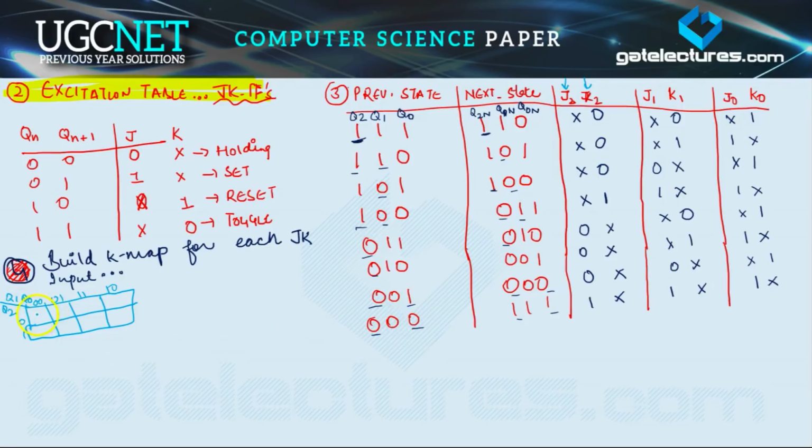So here the value of J2 is 1. And at 0, 0, 1, J2 is a don't care. So you can combine these two cells, and now the J2 value is Q1 and Q0 complement. In the same way you can calculate for K2 also.